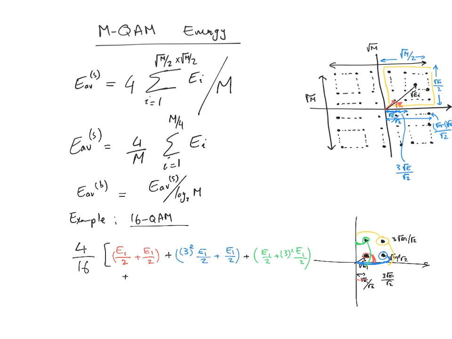So basically 3 squared E1 divided by 2 plus 3 squared E1 divided by 2. And that concludes the calculation of the energy. What remains is, after doing the summation here, you multiply this by 1/4.